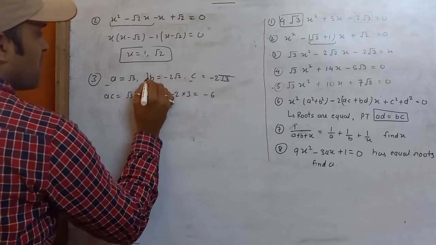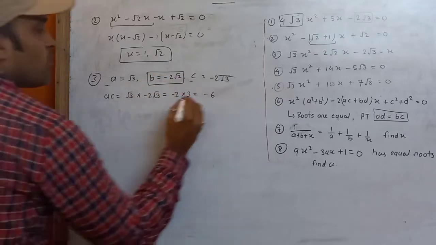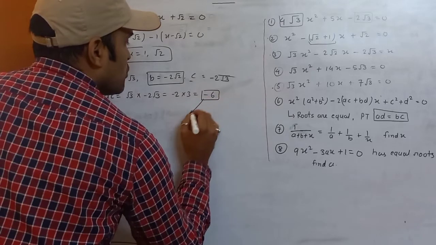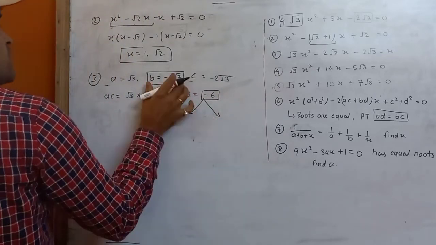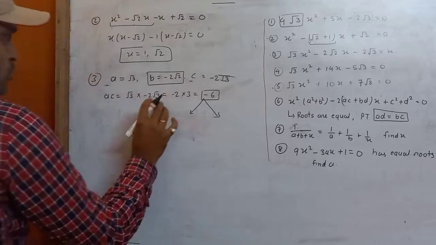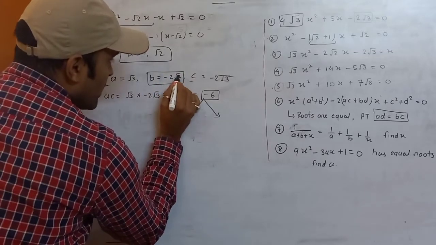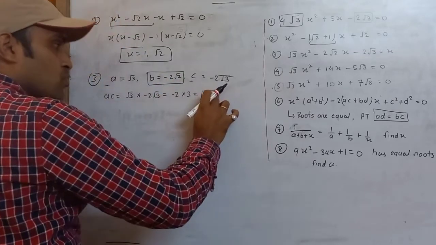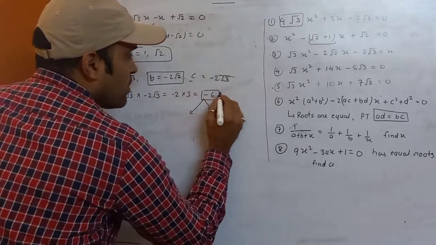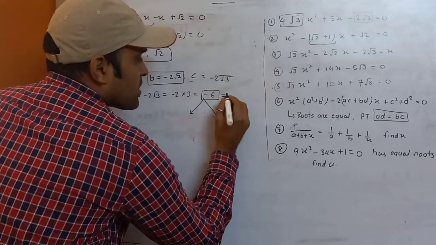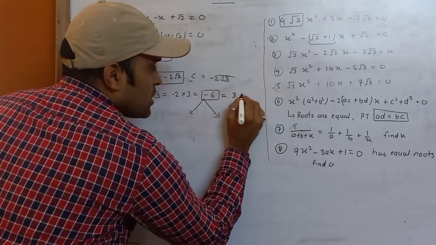Now we factorize b into two factors such that adding them we get minus 2 root 2. There is a root 2 here, so I have to bring root 2 into that number.